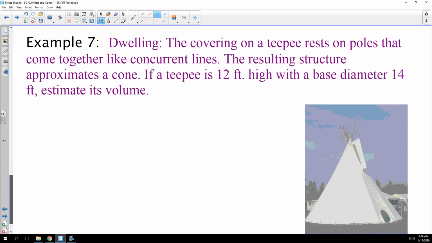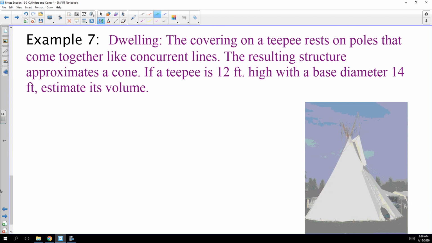All right, let's talk about a teepee. There's clearly a lot of applications for cones. So we have the covering on a teepee that rests on poles that come together in concurrent lines. I don't know if you remember what concurrent lines are, but they intersect at a common point. In this case, that common point would be the vertex of your teepee, right?